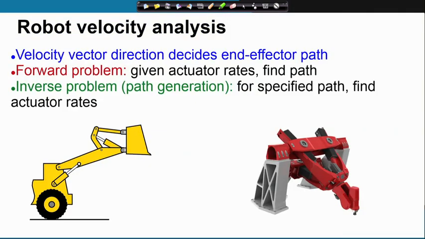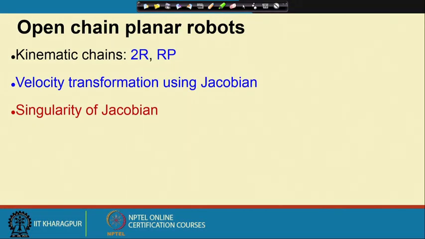We have already discussed these problems in robot velocity analysis, the forward problem and the inverse problem. In the open chain planar robots, we have discussed 2R and the RP manipulators. We have determined the velocity transformations using the Jacobian for these manipulators. In this lecture, we are going to now look at the singularity of the Jacobian, and we are going to look at the consequences of that.